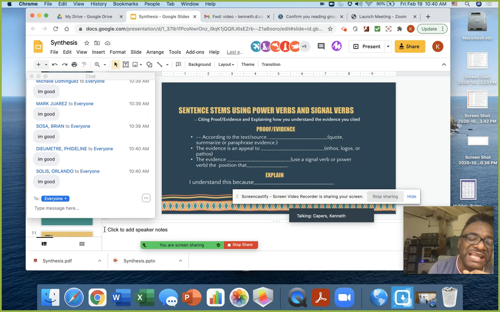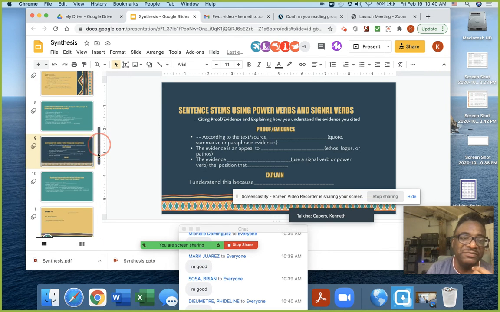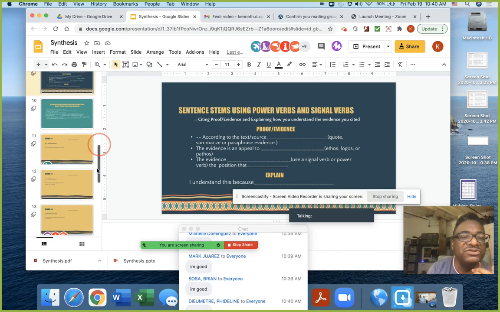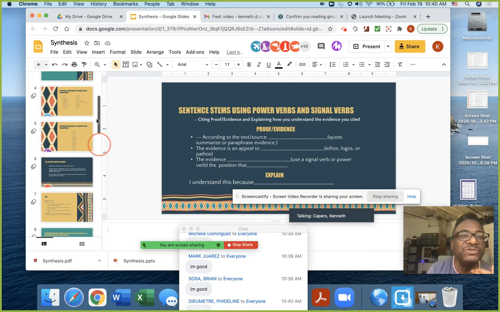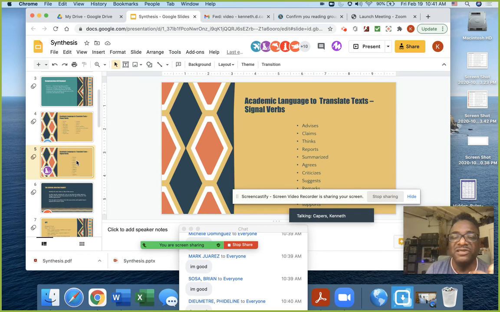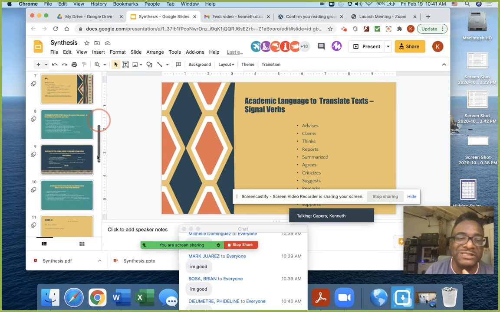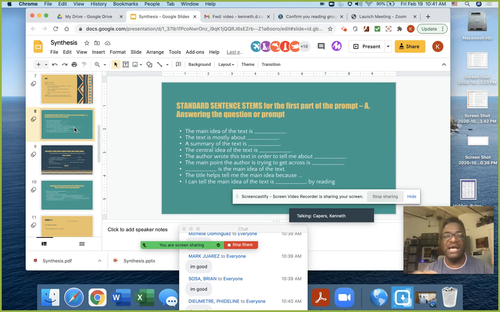So you're going to navigate up and down on this, just like I'm doing, to get to the power verbs, to see which one you might want to use, the signal verbs to see what you might use. And what I'm going to caution you not to do is do not go in and try to copy, cut and paste out one of the stems. It will not work and it'll mess up the document. Like, I got it saved a million times, but many of you are going to be in here.